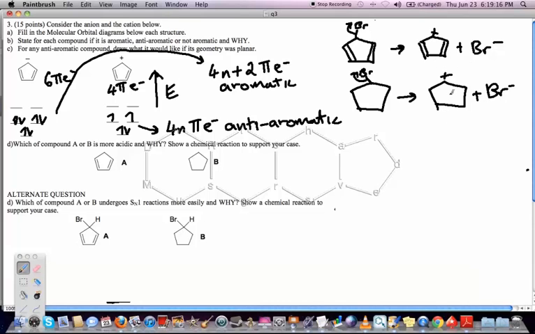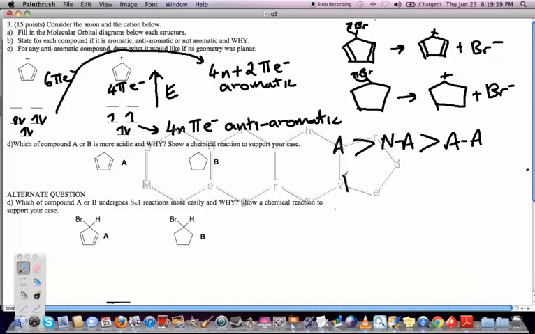Now we've already talked about the relationship between them. We said that aromatic was more stable than non-aromatic, which is more stable than anti-aromatic. And so we're looking here, we know that this one's anti-aromatic because we figured it out over here that it was anti-aromatic. So we know that this one is non-aromatic, so this one's going to be more stable.